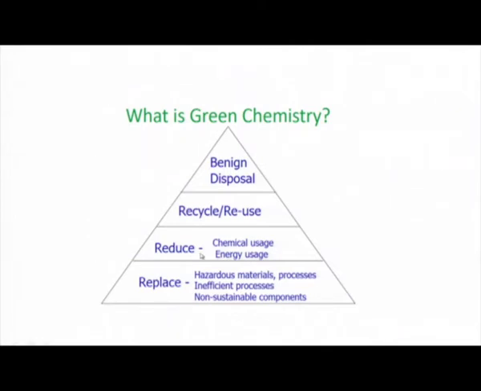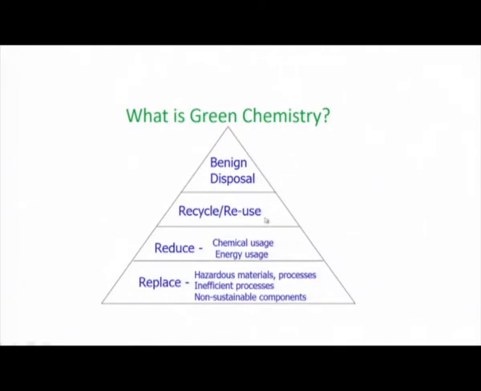Second one is reduce. Reduce the use of chemicals as well as energy. Both should be minimized in the synthesis of a particular compound. That is the next priority. The third one is whatever you use that does not end up in the product, those types of material should be recycled in the process again after recovery, or it should be reused somewhere.